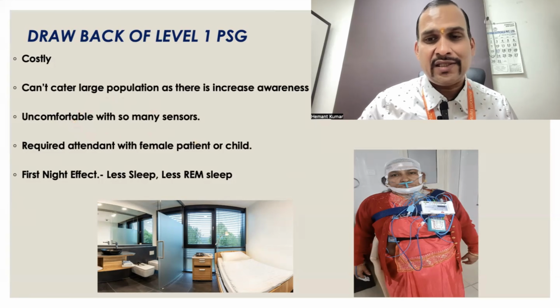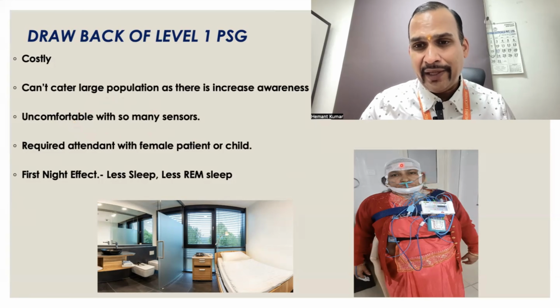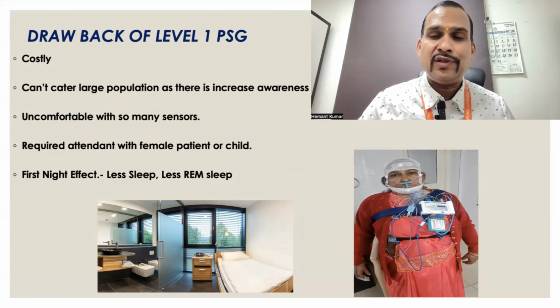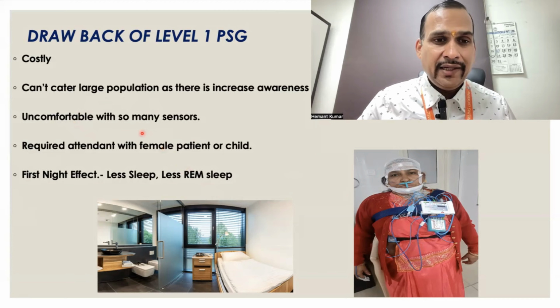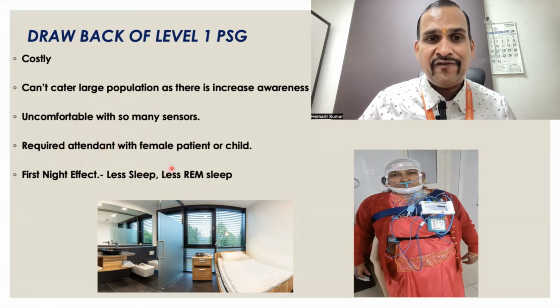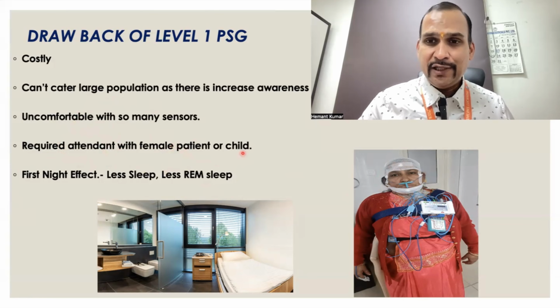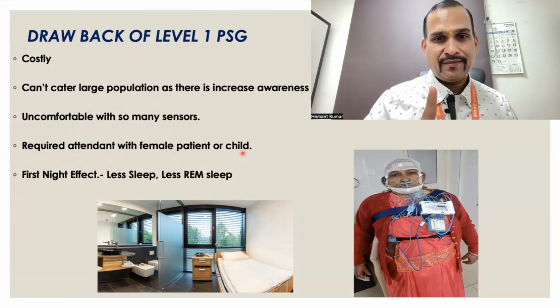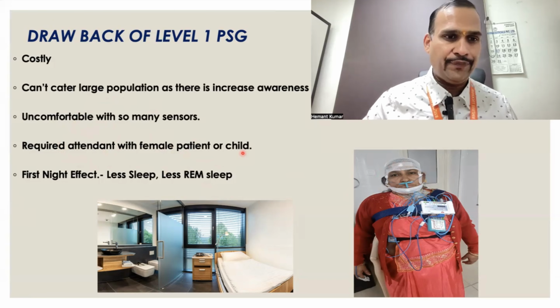Another drawback is being uncomfortable with so many sensors. You can see this lady, there are many sensors: EEG, ECG, nasal, oxygen, all. So a lot of sensors are uncomfortable for the patient, and the patient may require an attendant, especially a female patient or child patient. So two persons come for one patient's study, which is not good.